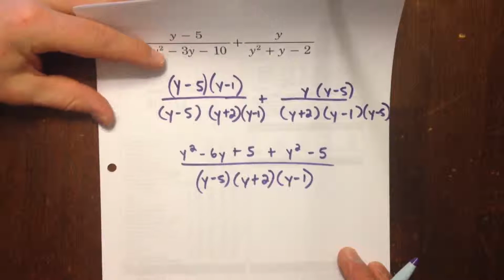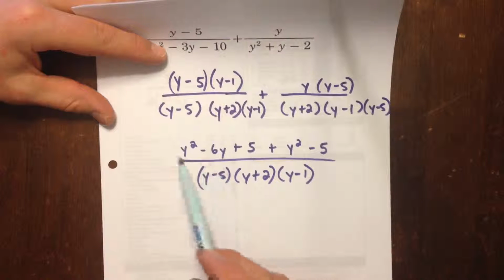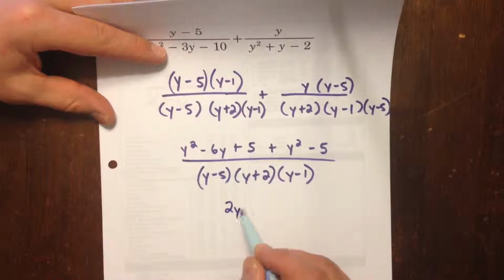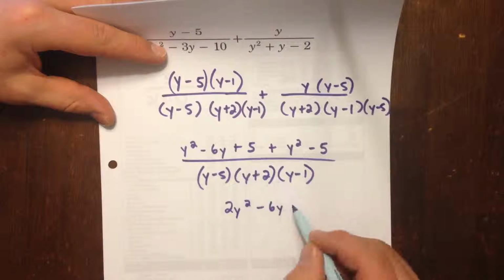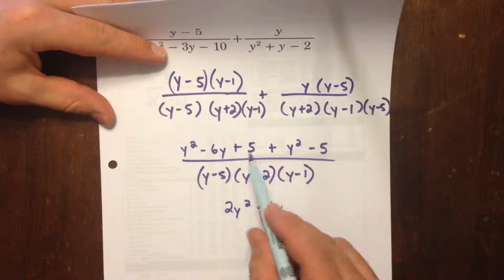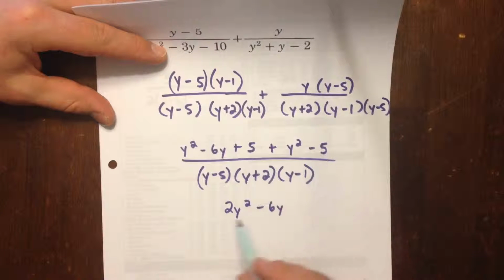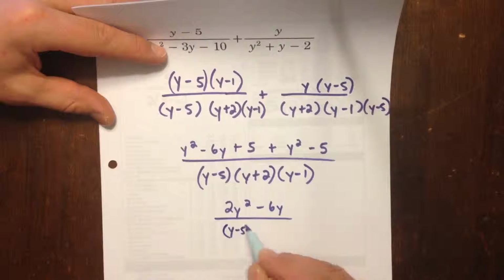So we have, looks like we have 2y squared minus 6y, and you put 5 and -5 together and you get 0. So yes, you have to write this again.